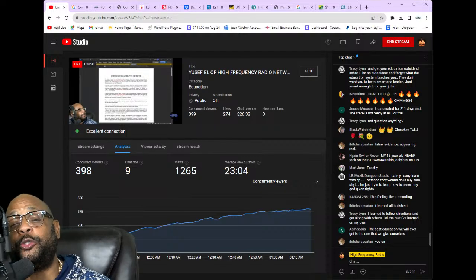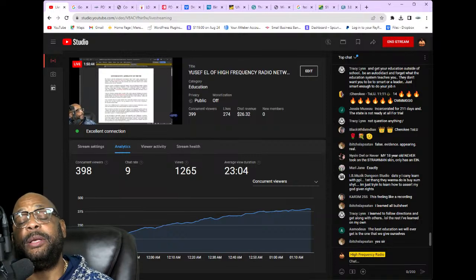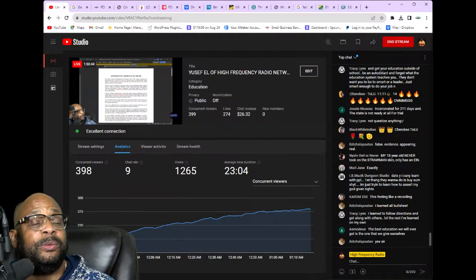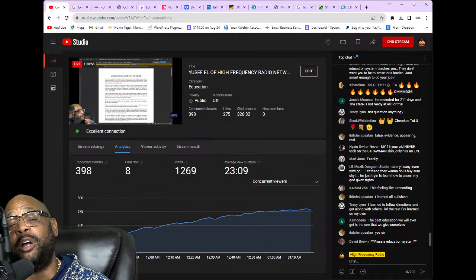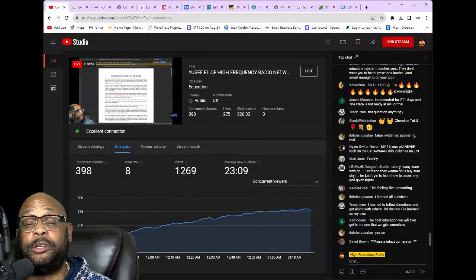However, where they fell short is when they started taking Federal Reserve notes, and then they had to be classified as a 501(c), or C3. I forgot which one it is. But when they started having to be classified like that, that brought them under the jurisdiction of the government, because there's supposed to be a separation of church and state.